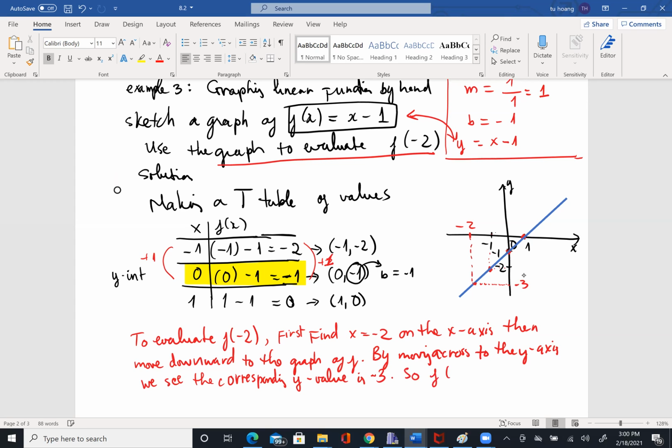So f of -2 equals -3, according to the graph.